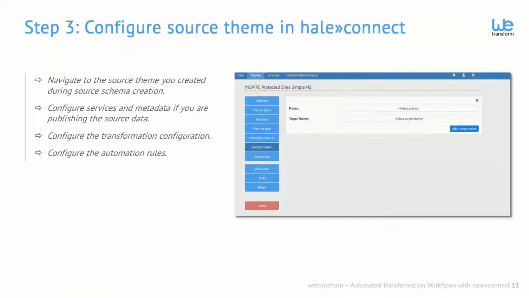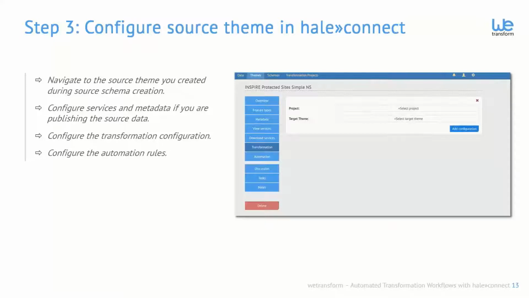If your source data is a shapefile or a CSV file, you may not want to publish it. So we do have an option to disable service publishing for your source data if that's not part of your use case. But what you do have to configure on the source theme, which is very important, is you have to tell Hale Connect which transformation project you want to use to transform that source data.